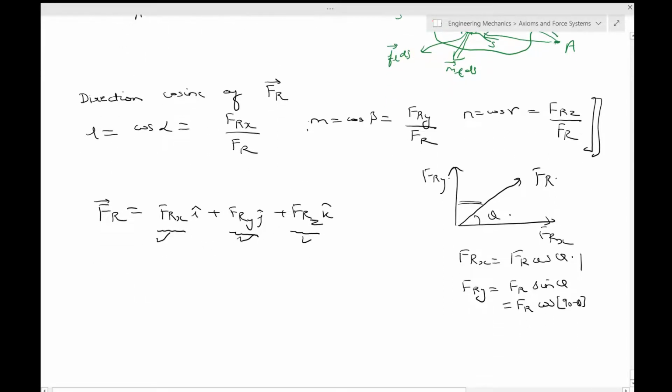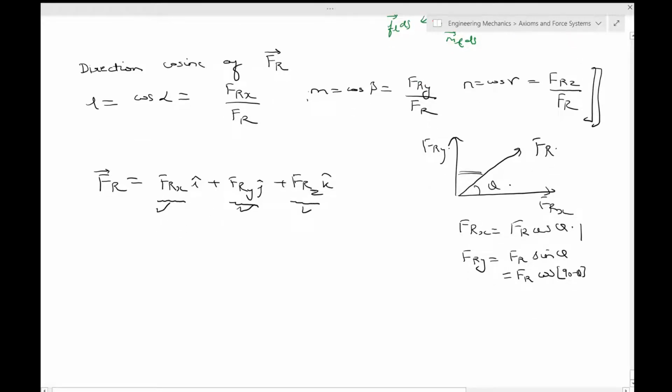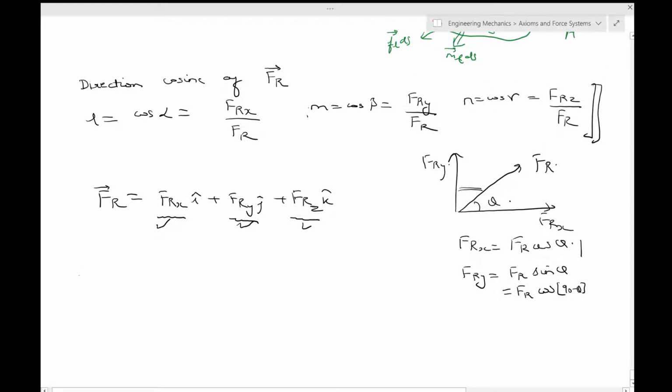In a similar way you will have the direction cosines for CRA. Please note that you should not use the same symbols L, M, N or alpha, beta, gamma when you calculate them for CRA.